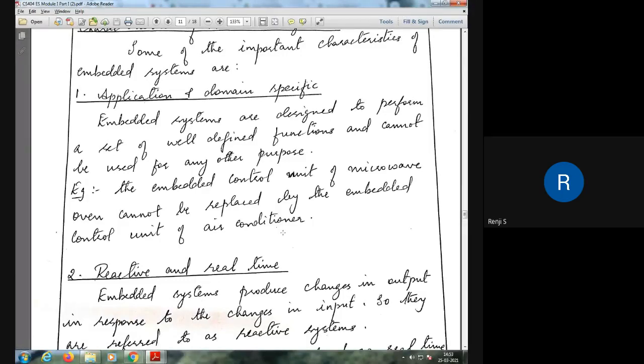For example, we cannot exchange the control unit of a microwave oven with the control unit of an air conditioner, because the control unit for a microwave oven is specifically designed for that particular device, and that of an air conditioner is designed for that functionality only. So they are application and domain specific.